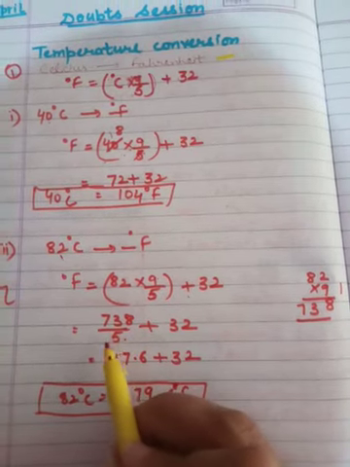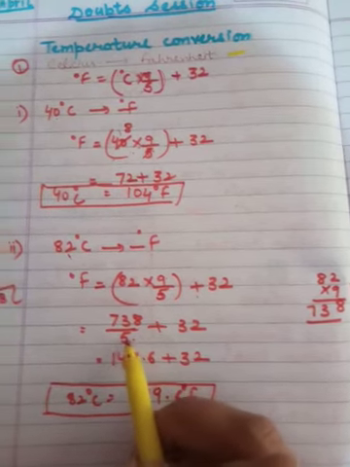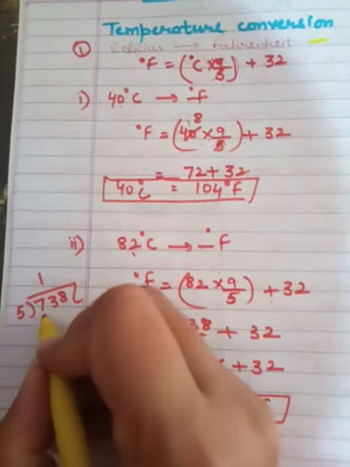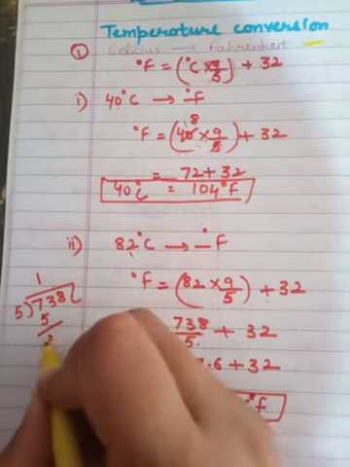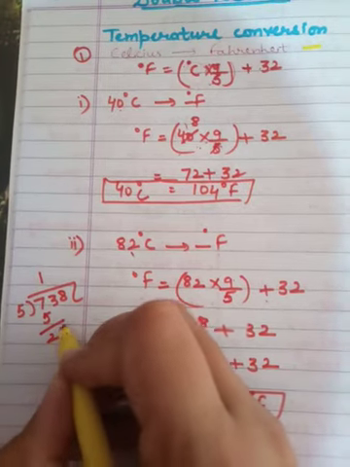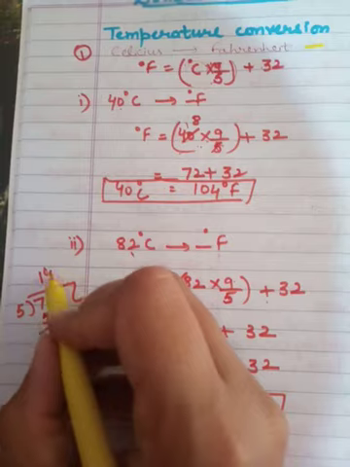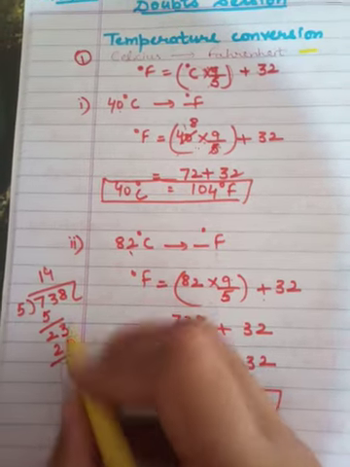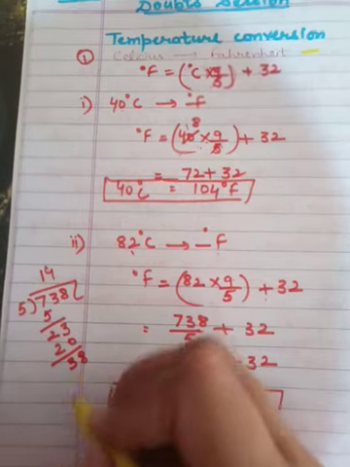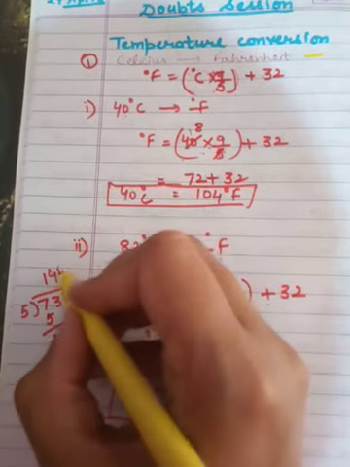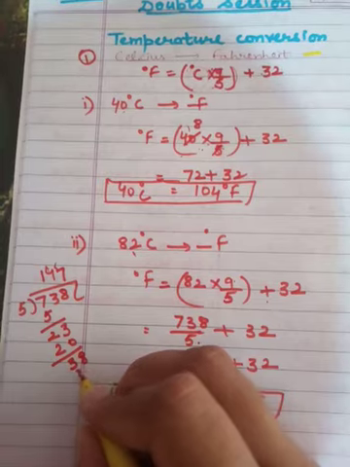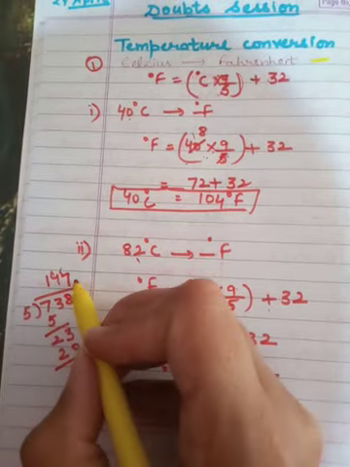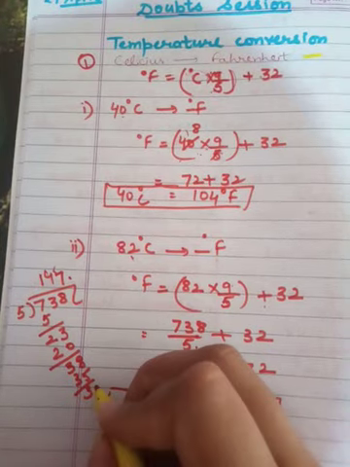Now divide this 738 by 5 like this. 5 1s are 5, then we have 2 remainder, we will take 3, 5 4s are 20, then we have 3 remainder, we will take this 8, 5 7s are 35, then we have 3 remainder, then we will put the decimal and we will take the 0.